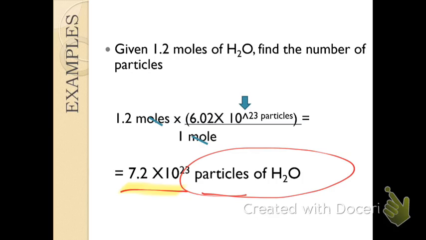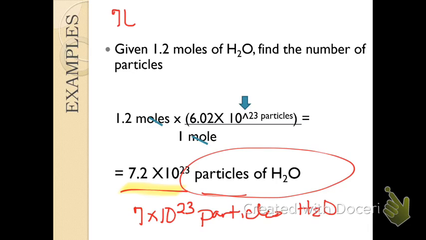If I wanted it to the nearest whole number, it would be 7 times 10 to the 23 particles of H2O. Or I could put 7 E 23 particles H2O.